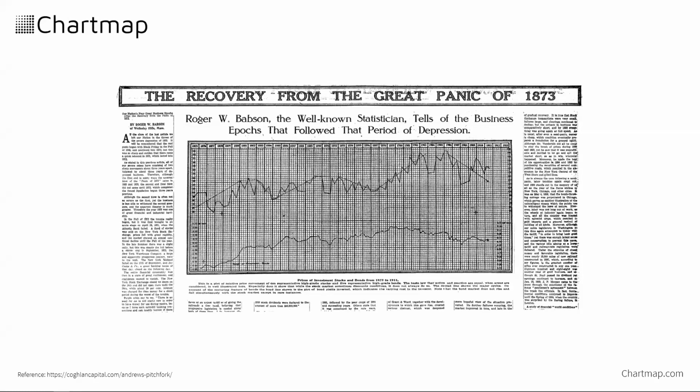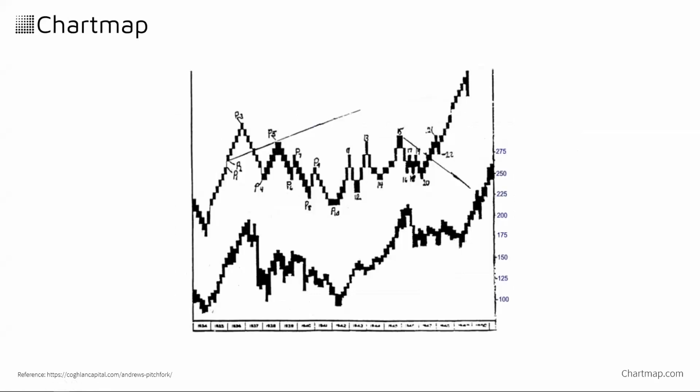So George Merkle developed the original concept of median lines, which are a derivation of Babson's normal lines. This is an old chart representing the median line in its crude form on a very old chart.